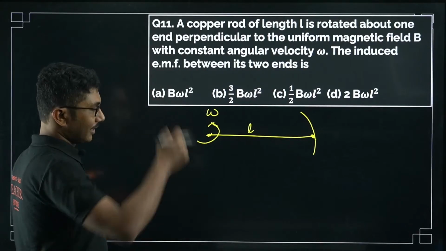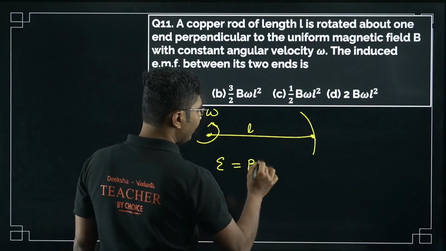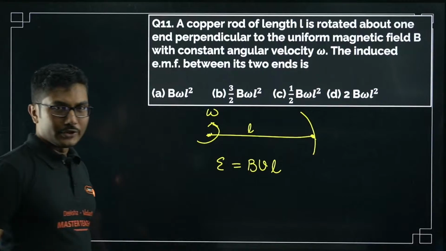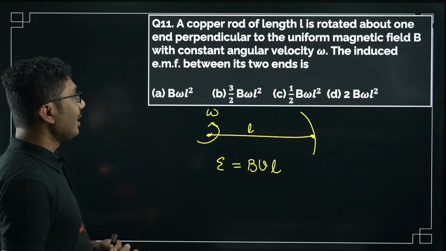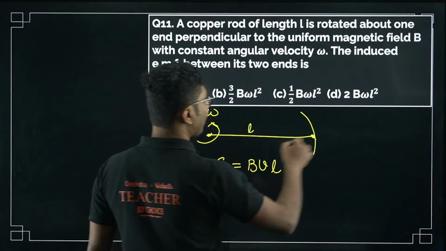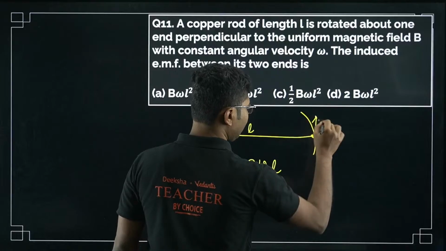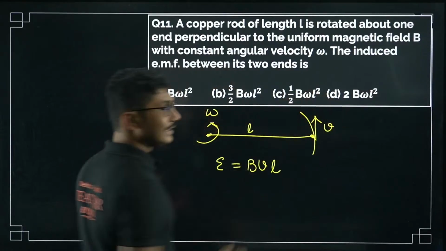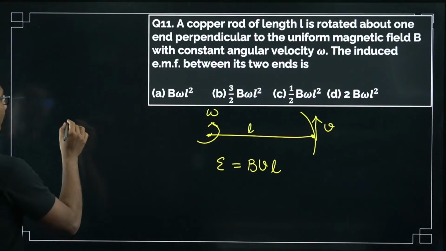So how to do that? First of all, we know that the induced EMF is basically B V L, right? Now, what else we know is that it is rotating in a circular path. Circular path means there is a linear velocity associated with it. What is the linear velocity in case of circular motion?